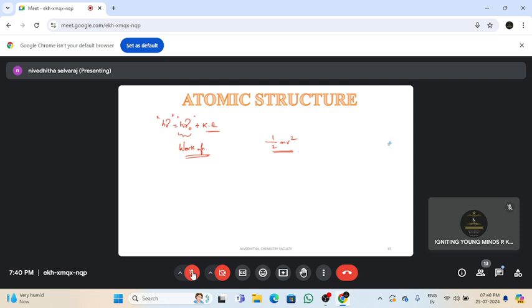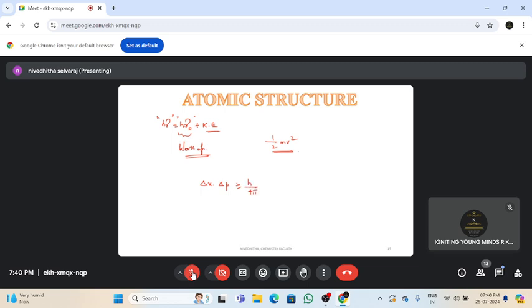What is the mathematical expression for Heisenberg's uncertainty principle? Delta x into delta p, uncertainty in position into uncertainty in momentum, which is greater than or equal to h by 4 pi.